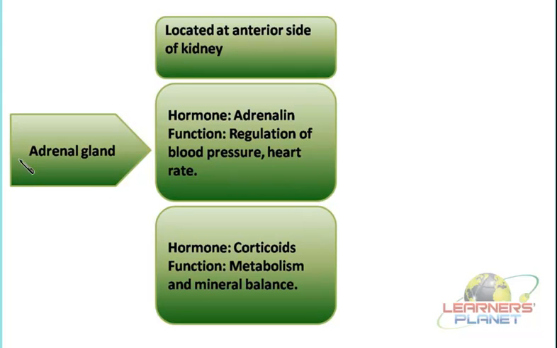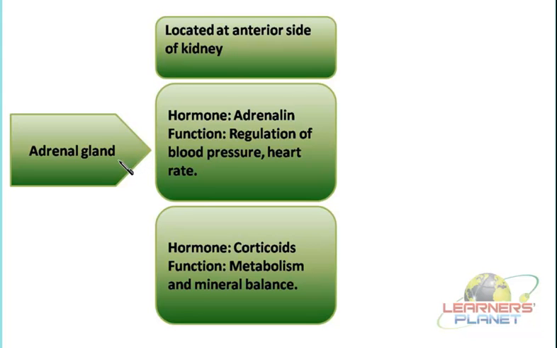So students, the next gland is the adrenal gland. Where is this adrenal gland located? It is located towards the anterior side of the kidney. You remember the diagram? As we had stated earlier also, the kidney which is shown in the diagram is not a gland, but it is shown so as to explain the position of these adrenal glands.